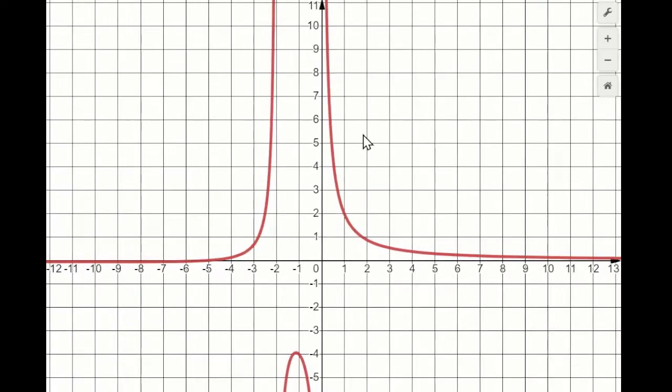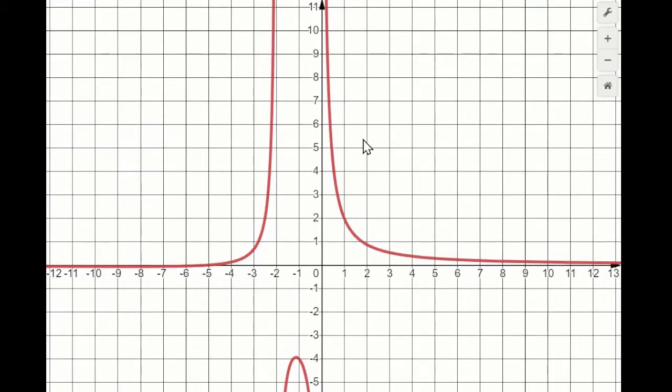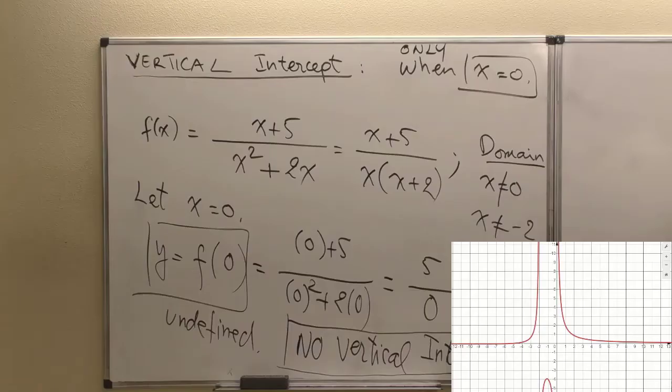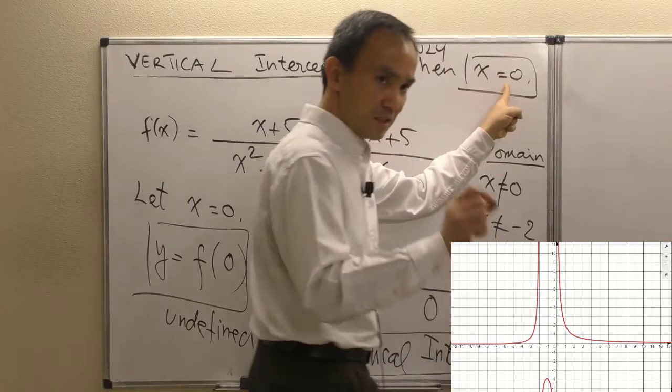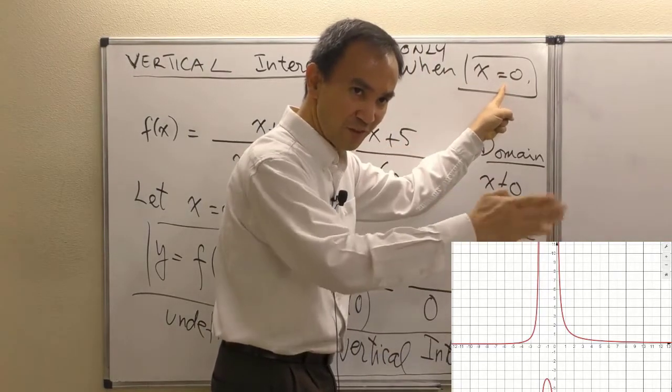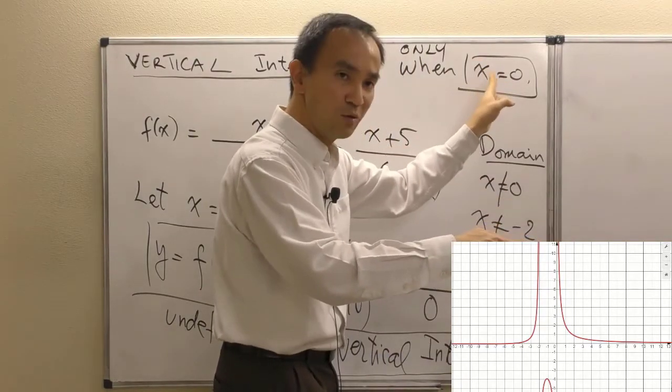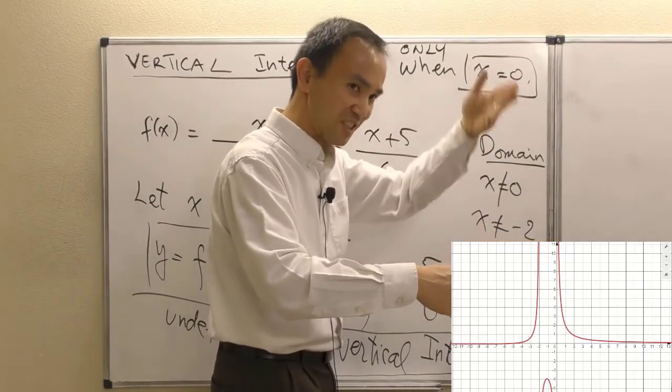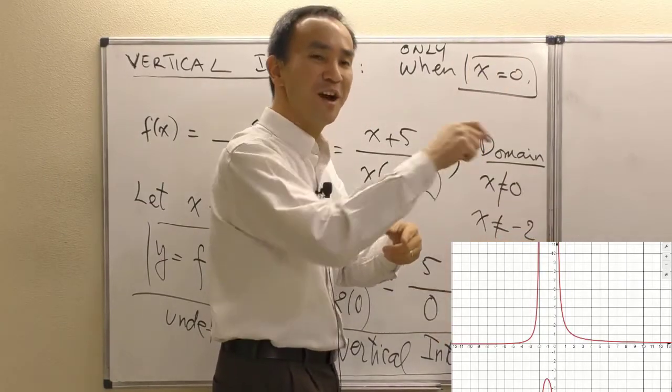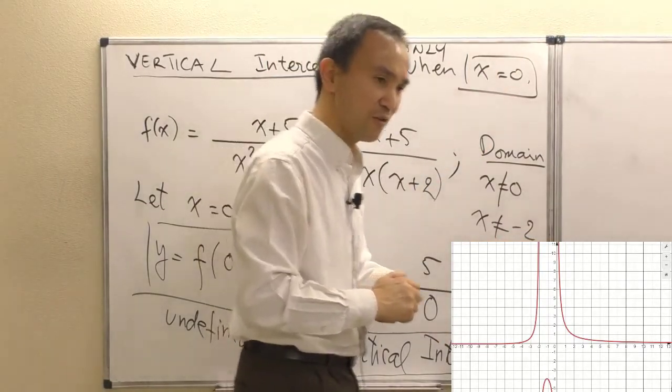We have spent a good amount of time discussing vertical asymptotes in detail. For this function, x equals 0 is the only place where we can have a vertical asymptote, so the y-axis itself is the vertical asymptote of our rational function.